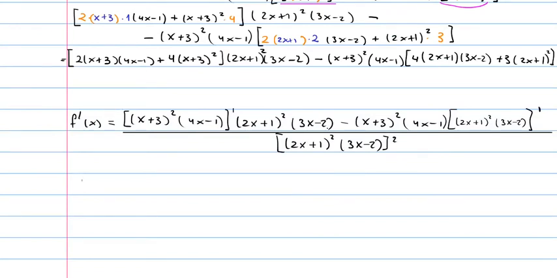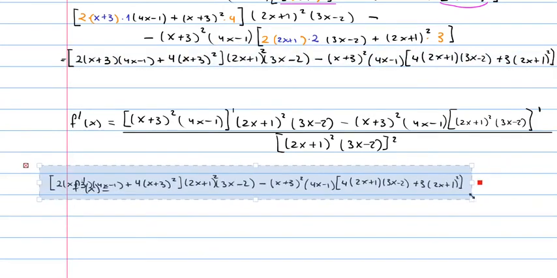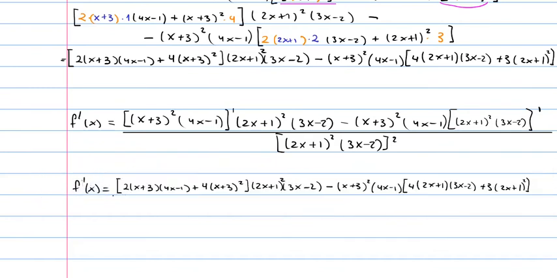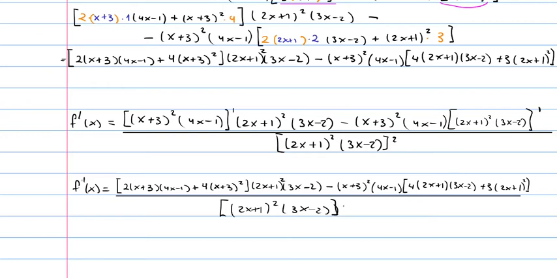And now we have done all the calculations for the numerator, and we have that f of x is equal to this big thing, all this divided by the square root of (2x+1)^2 times 3x minus 2.